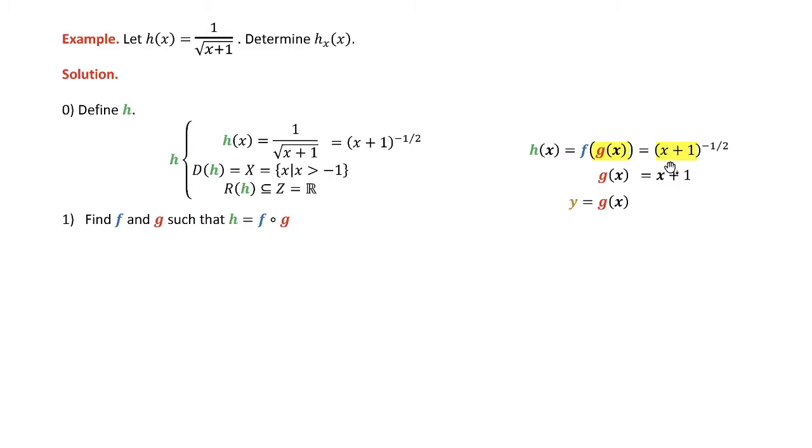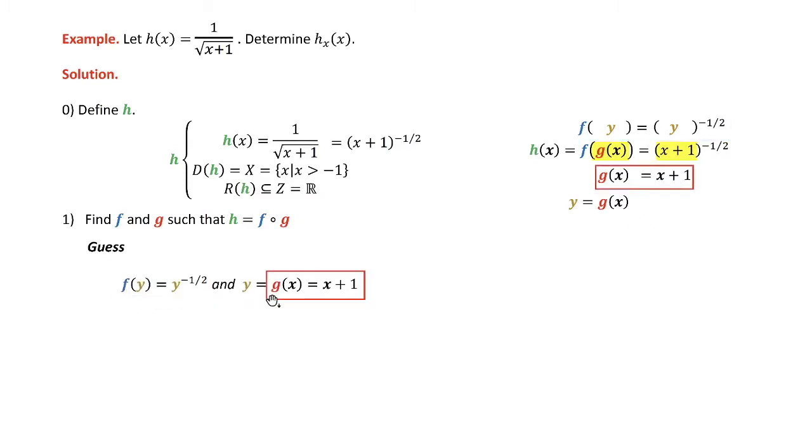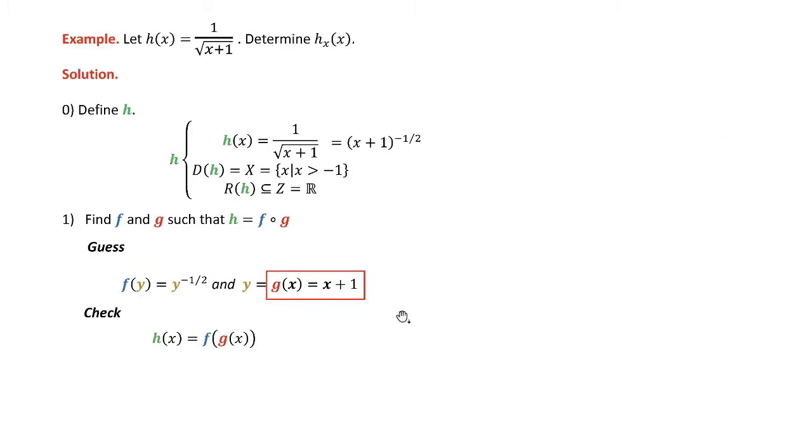Okay, so I'm just going to go up here and substitute y, and that tells me my function. I have my function f of y, and I have my function g of x, and I'm good to go. Now again, I'd encourage you to check your work. We're looking for composition of functions, substitute in the g.